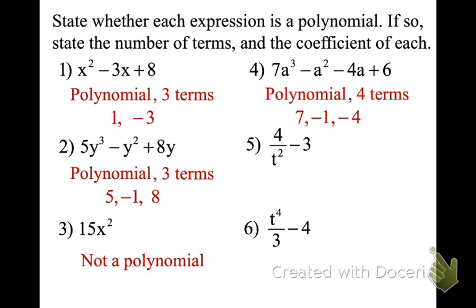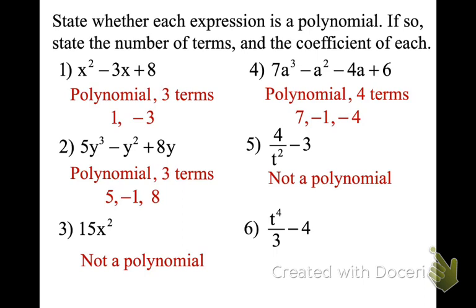It's not a polynomial because if I were to write this not in fraction form, it would be 4t to the negative 2 power. And remember, to be a monomial, it has to be a whole number exponent. So we would say not a polynomial. What about number 6? RJ?